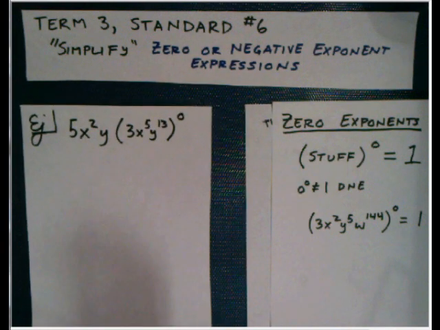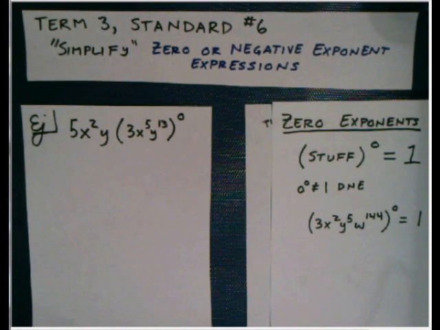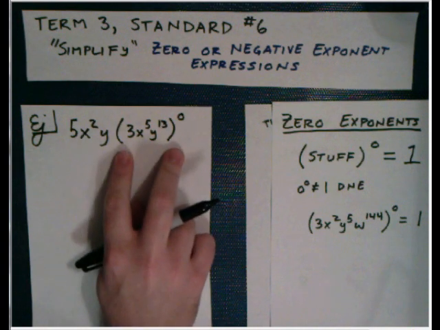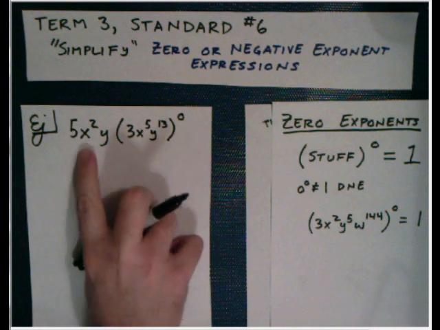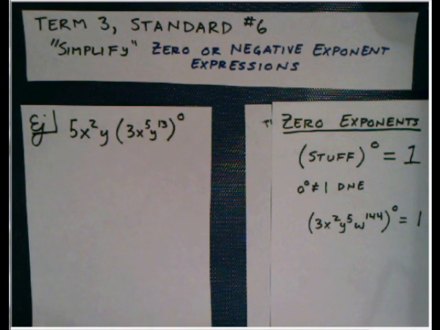This might be an expression you're asked to simplify on standard quiz question number 6. So what they want you to do is just use your exponent rules, so use what you know about zero exponents. Now when you look at this, it might seem complicated because you've got this expression in parentheses taken to a 0 power, and this other stuff on the outside, but let's be smart about this.